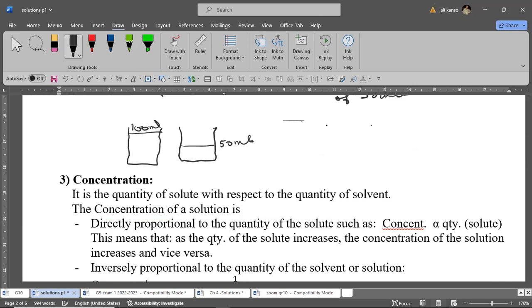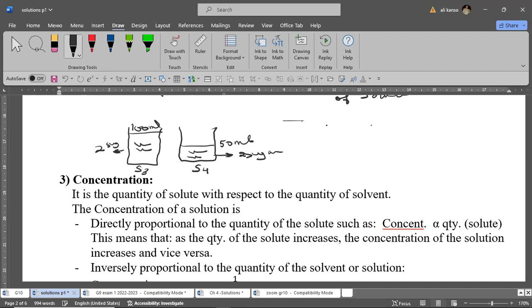In the first, put 2 teaspoons of sugar, and in the other also put 2 teaspoons of sugar. Observe and test both. Which one will be sweeter or more concentrated? This is solution S3 and this is solution S4.